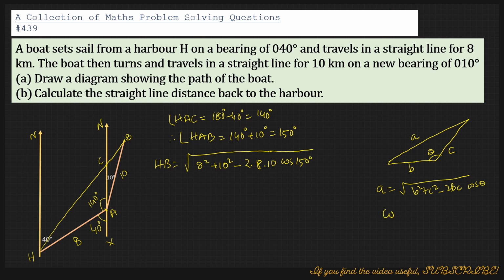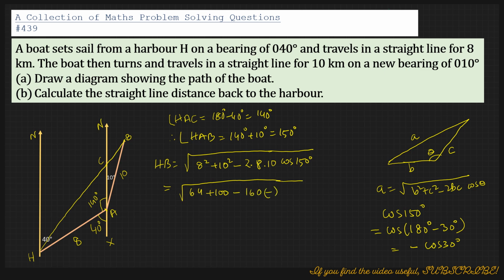Now we know that cos 150 degrees can be written as cos of 180 degrees minus 30 degrees, and that gives me minus cos 30 degrees. So I can write this as 64 plus 100 minus 160 multiplied by minus cos 30 degrees. So this will be a plus.